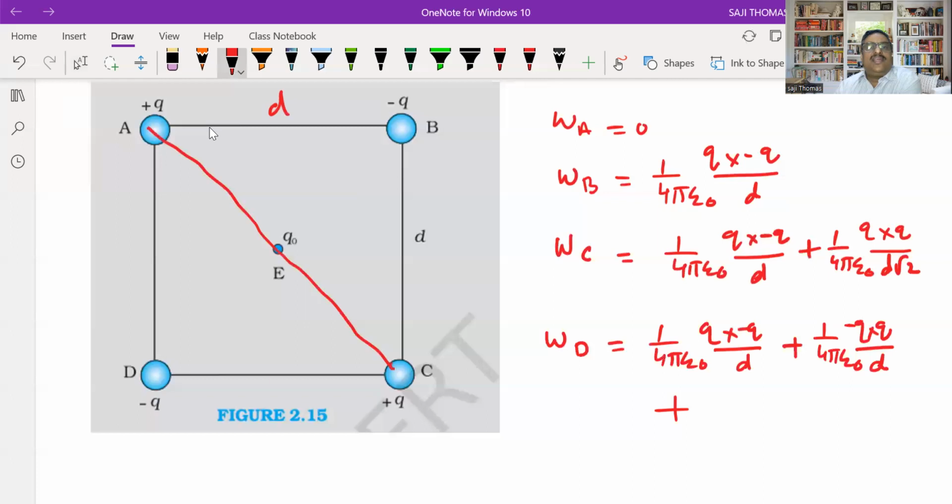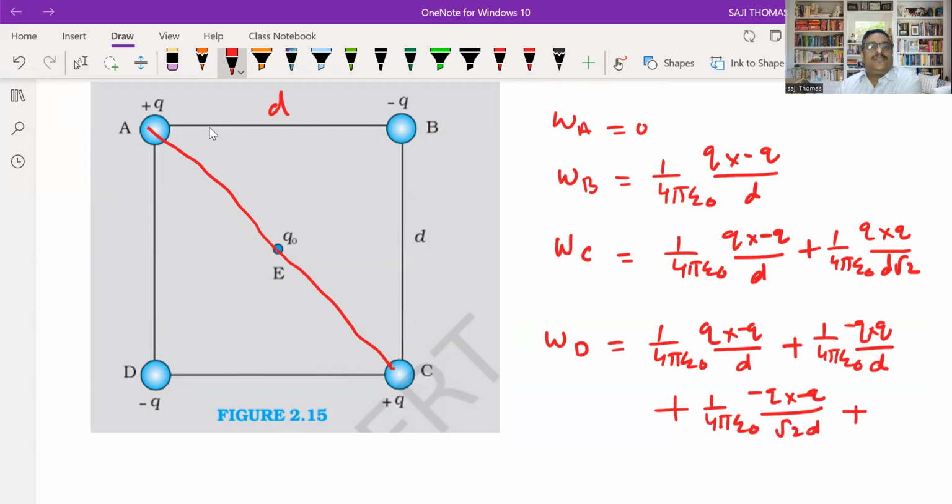Then you have to do work against the force of charge at B: 1 by 4 pi epsilon 0, minus Q by the diagonal, which is root 2 d.